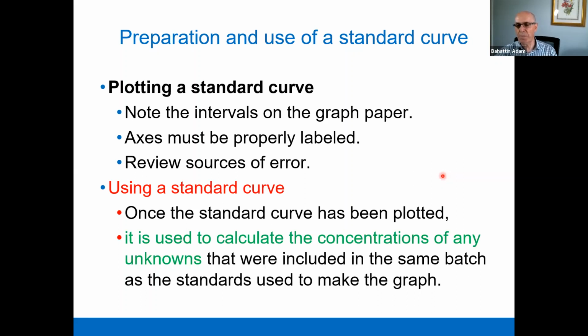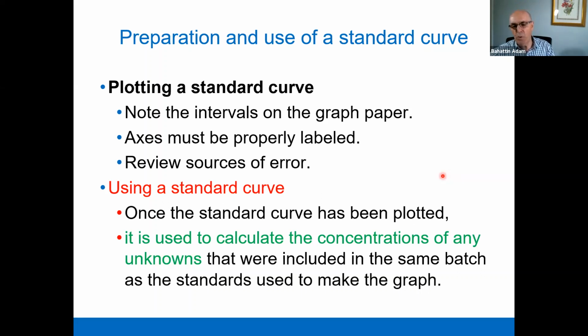And then we use this standard plot for an unknown amount of glucose. For each method, we have to prepare standards, for glucose, for creatinine, for cholesterol, for any kind of test. And for each method, we have to have a graph.